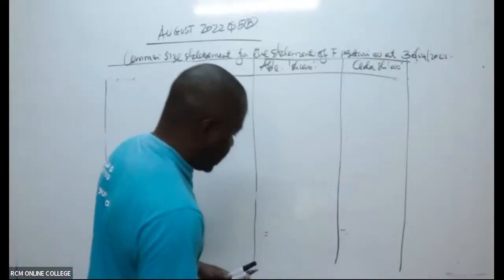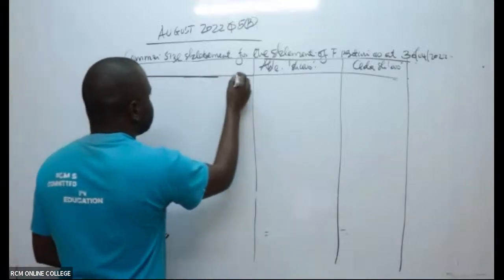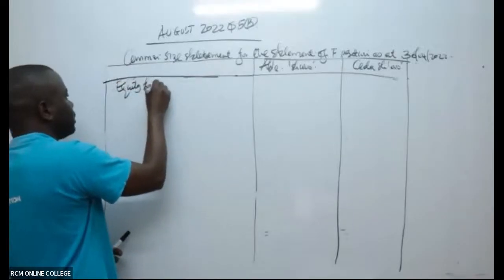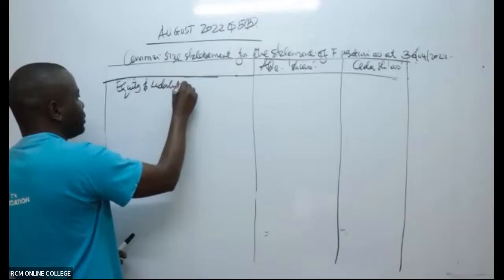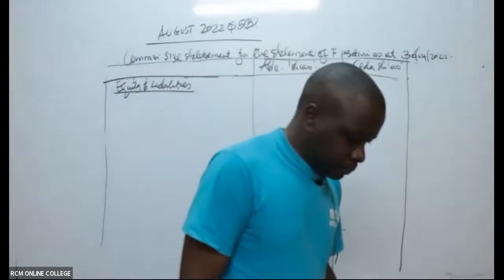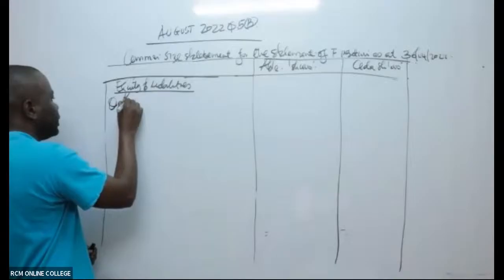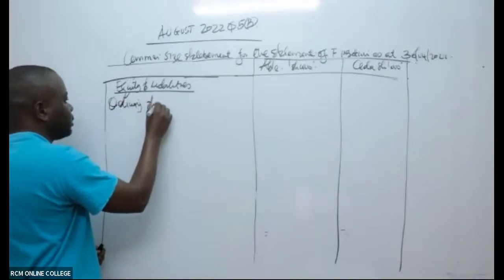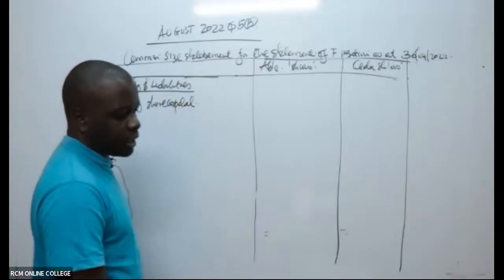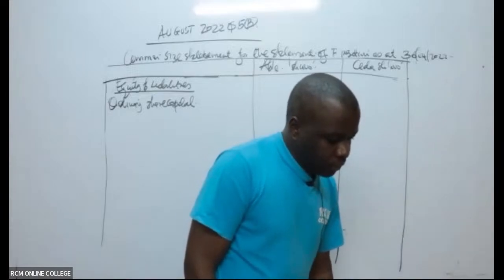The side for equity and liabilities. In this case we have equity and liabilities. The first item there is ordinary share capital. For ordinary share capital, you're told the amount is 3.5.